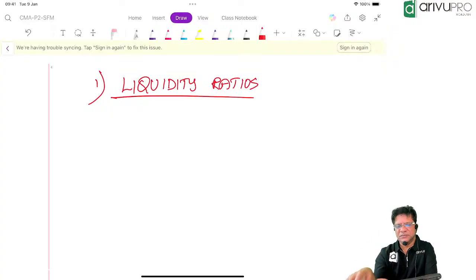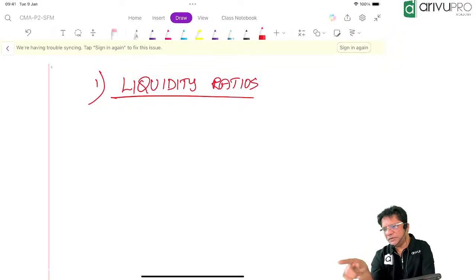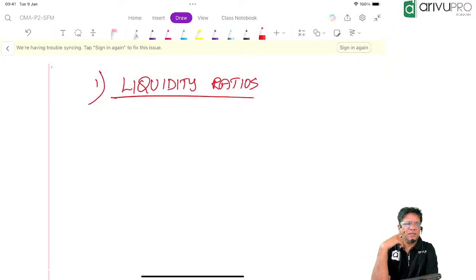But in a professional exam, we have not only calculation, we have to talk about the why behind the numbers. Always comparison is current year versus last year. In the exam, they will give you industry average also, and you have to compare that and talk about how your company is performing.